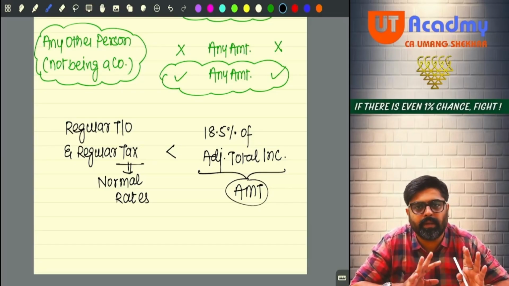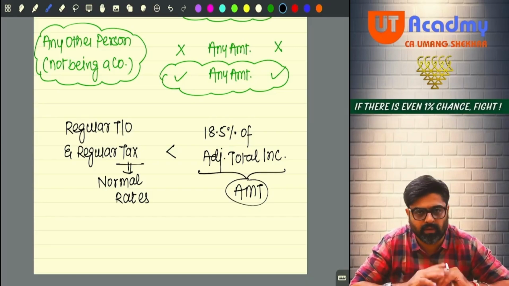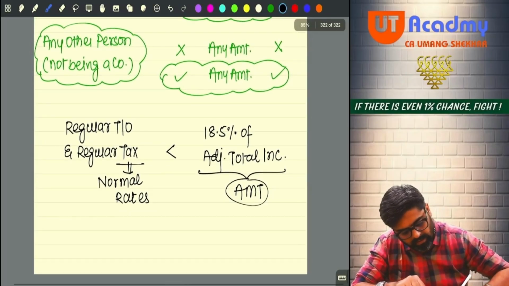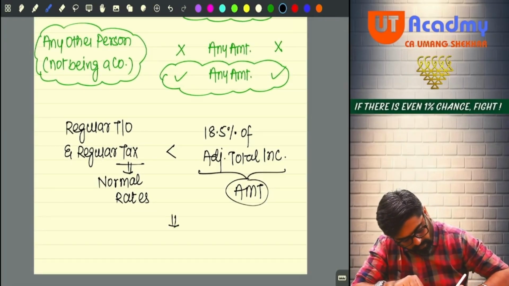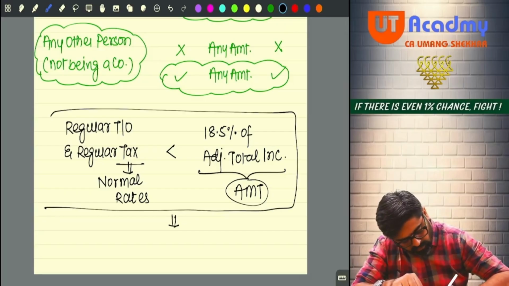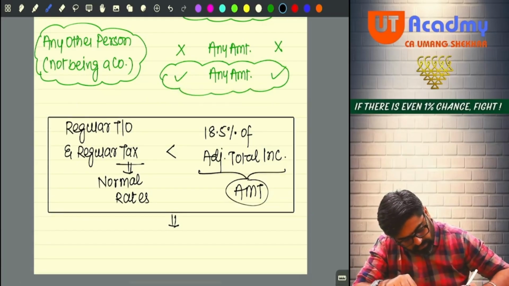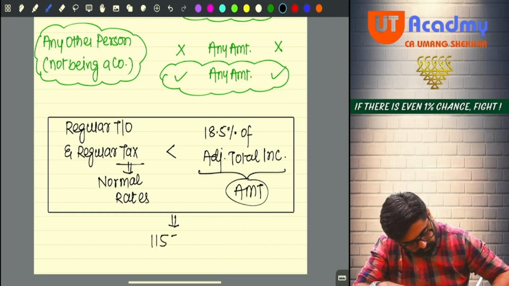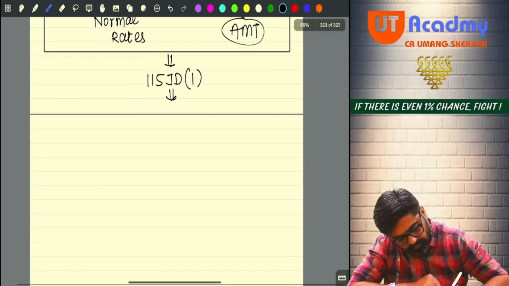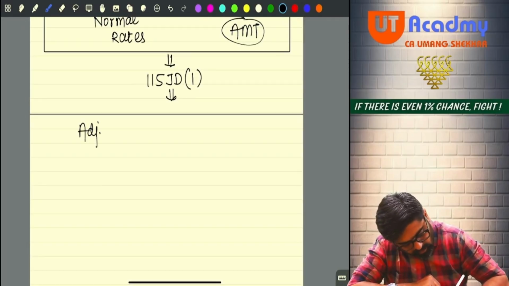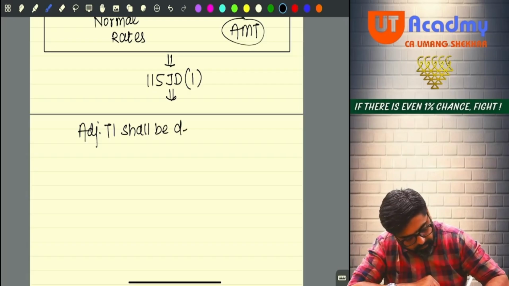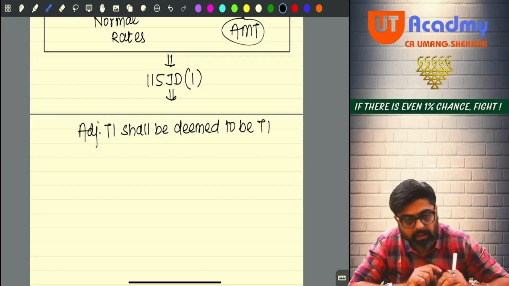Now, if your alternate minimum tax is less than the regular tax which is calculated, if this condition is fulfilled, then section 115JD subsection 1 says that adjusted total income shall be deemed to be the total income for the assessee.